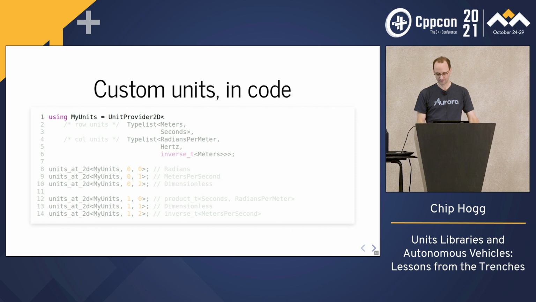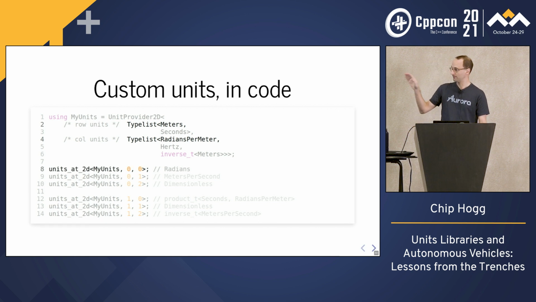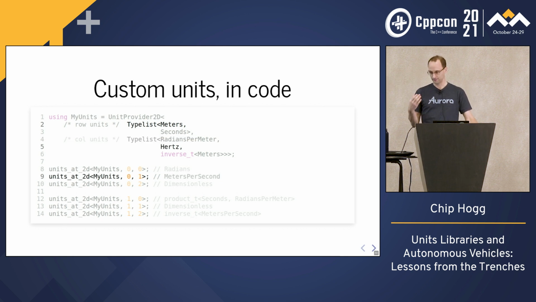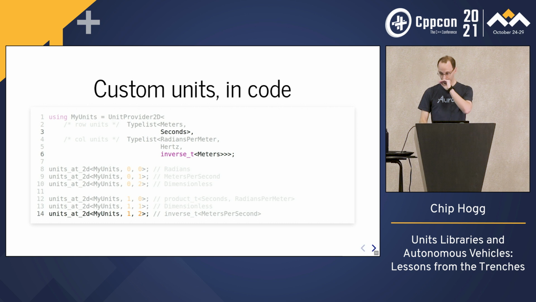The provider itself takes 2 template parameters, one for the row units, one for the column units, and we can index into it. So meters times radians per meter is radians. Meters times hertz, well, that's just meters per second, etc. So this is how we can make the unit provider part.